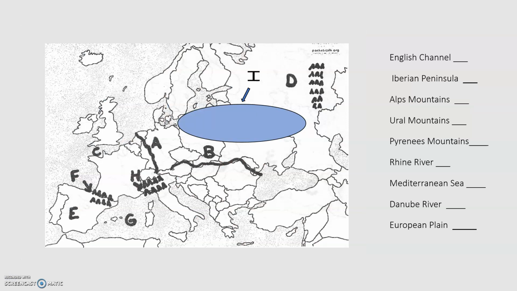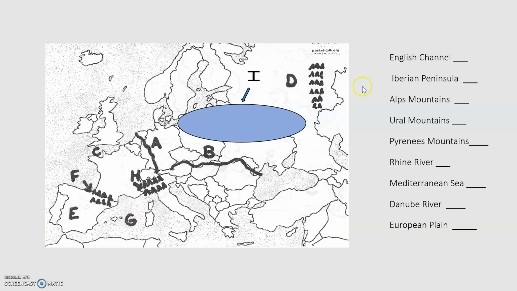Okay, the next 2 slides are for you to practice on your own. So you have the map, and then you have the answers. You just have to line up on this one, which is a physical map, the letters with the landforms. So I'll give you the first one.